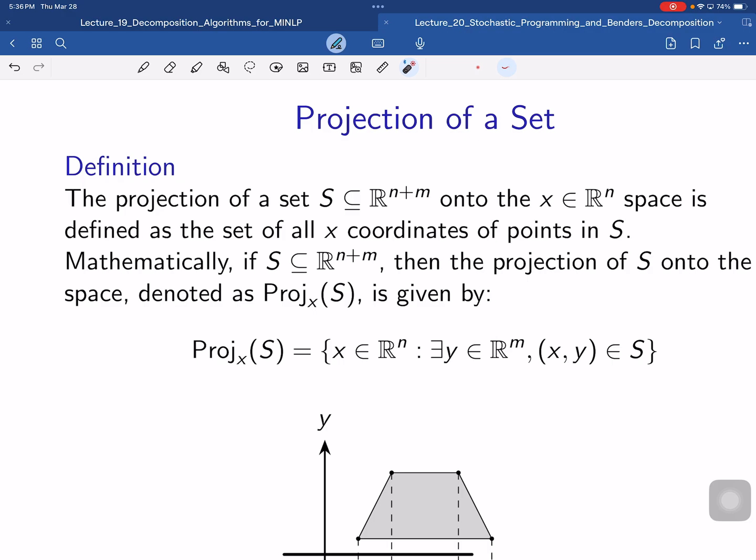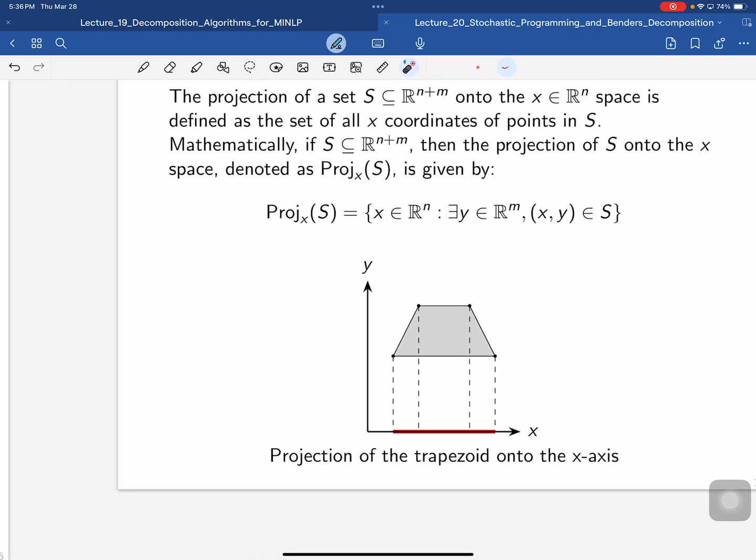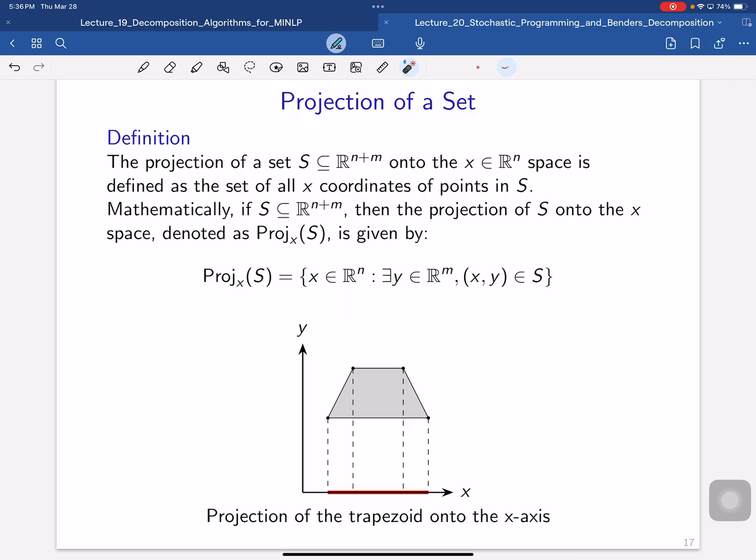Okay, so that might be too abstract. Let's look at this 2D example here. Okay, so we have a trapezoid shape, right? Let's say the 2D set is this set here, right? What is the projection of this set to the x space? Okay, so here I draw the projection in the red line.